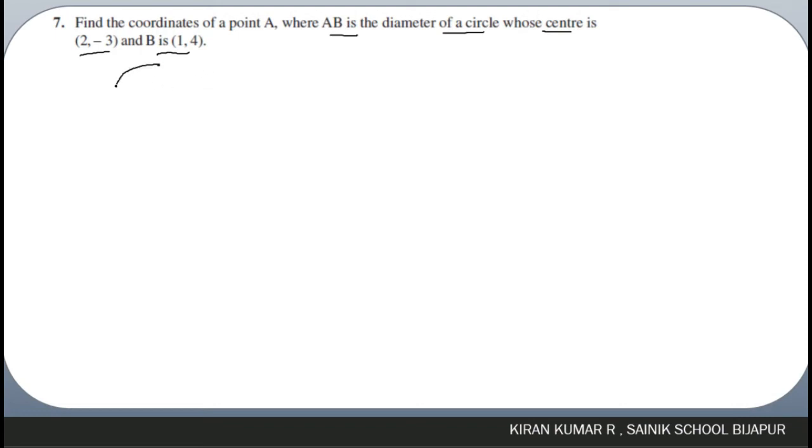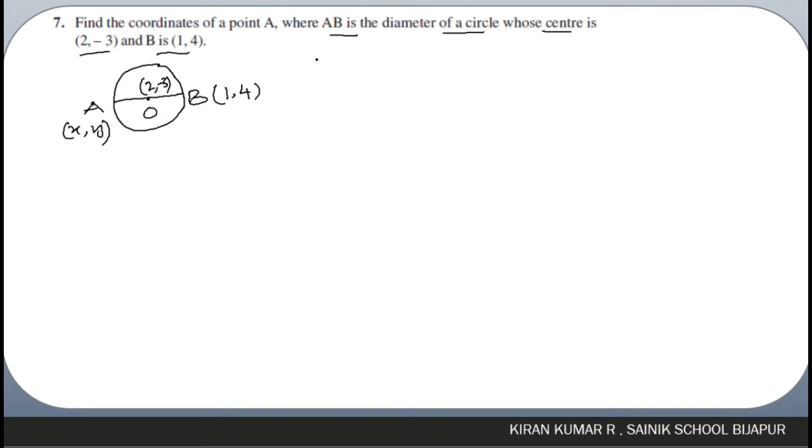Imagine that it's a circle and there's a diameter AB. The coordinate of B is given (1, 4). The coordinate of A, if I consider (x, y), has to be found. The center I'll represent by O, with coordinate (2, -3).